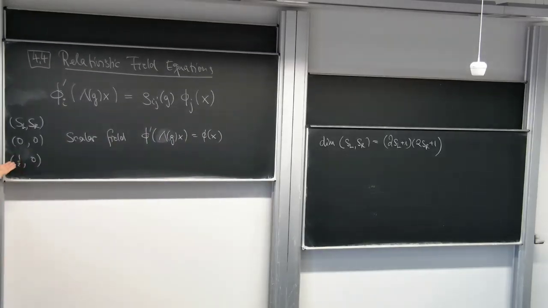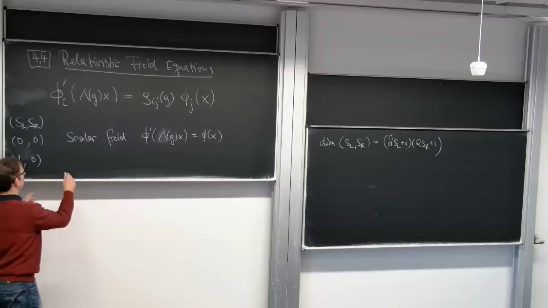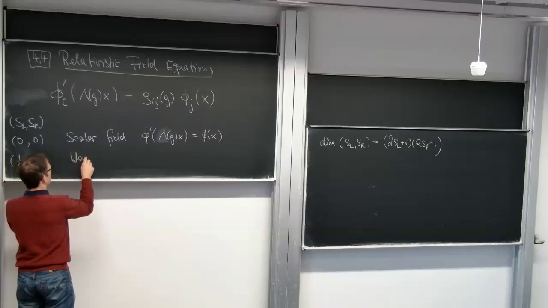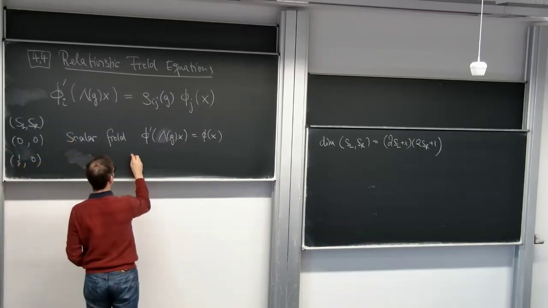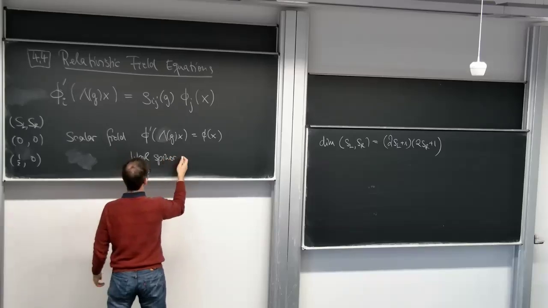The next one is 1/2. This is now a dimension 2 representation. If you plug this in, you call this a Weyl spinor. And here I have to leave a little gap, so it's a Weyl spinor field.